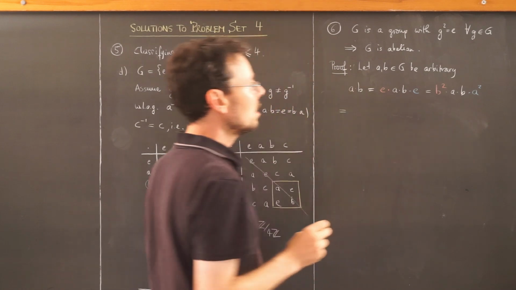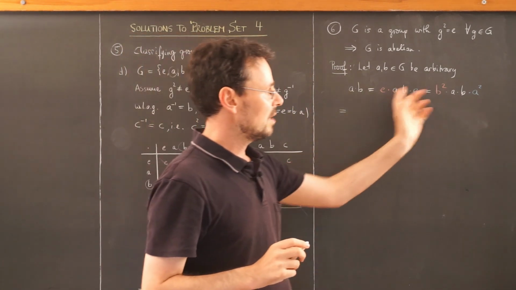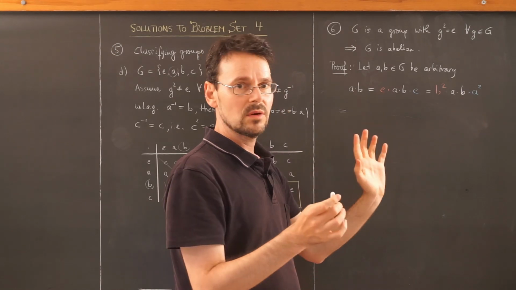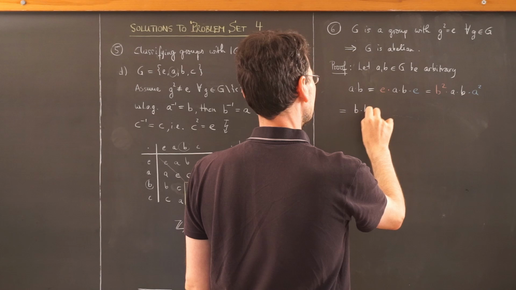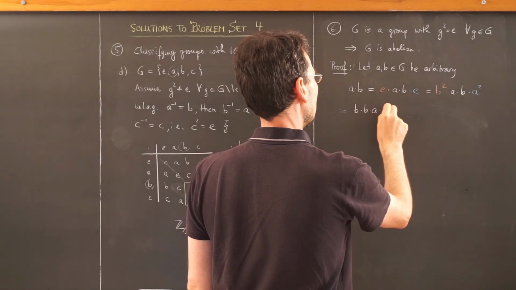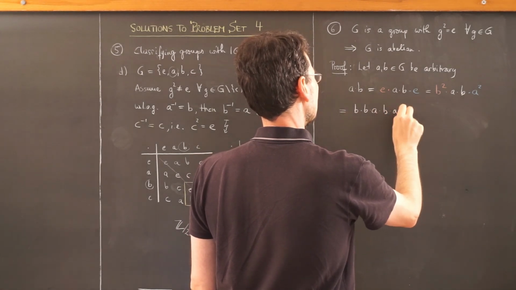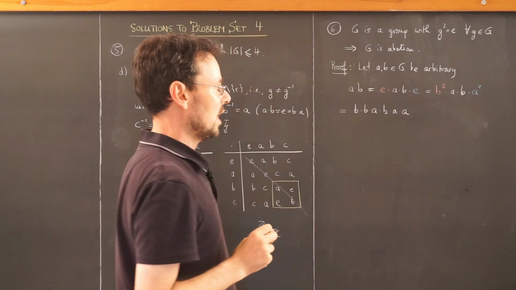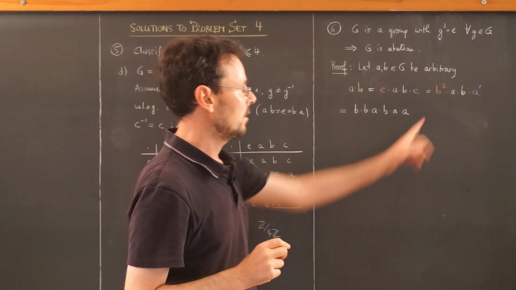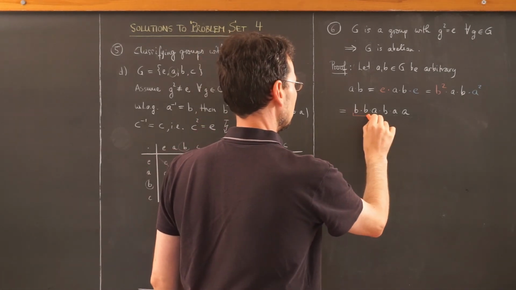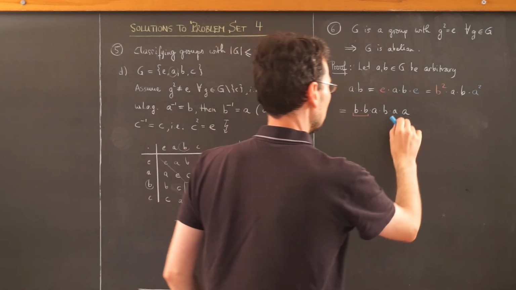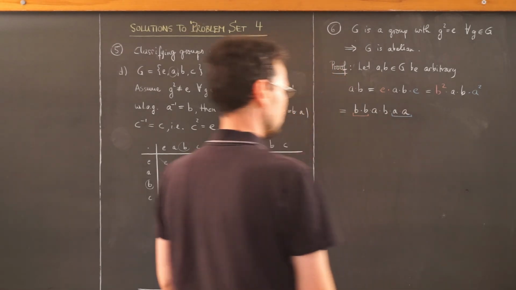As always we have associativity, so I need not worry about parentheses. So we have b times b times a times b times a times a. We've just written those as b times b and those as a times a.